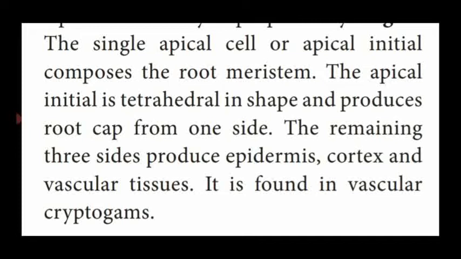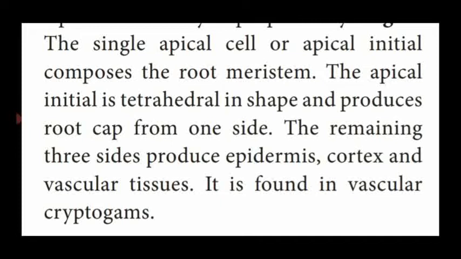So this apical cell produces the root cap from one side. Tetrahedral means four sides, isn't it? So from one side it produces the root cap. From the remaining three sides it produces epidermis, cortex and stele, that is, vascular tissues.